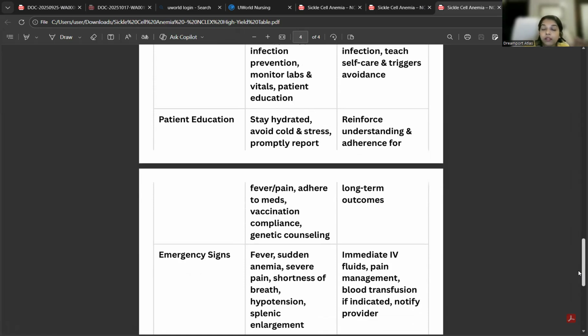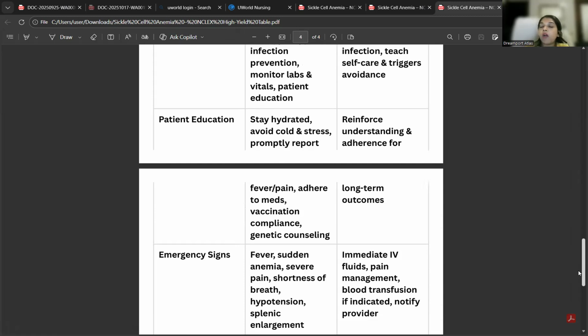Then we need to look for some warning signs of this crisis. For example, if the client is experiencing fever, sudden anemia, severe pain, shortness of breath, hypertension, or splenic enlargement, these are the warning signs or emergency signs of the vaso-occlusive crisis.